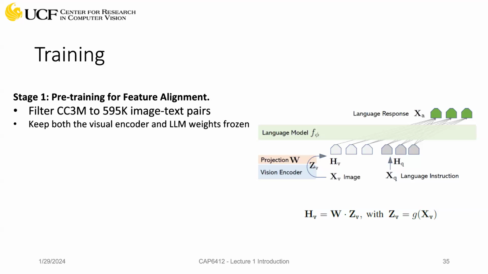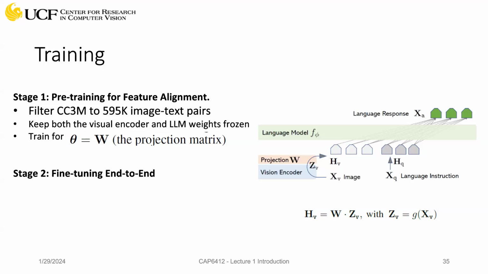And then they kept the visual encoder and the large language model frozen, and they just trained the projection layer, this one, W.